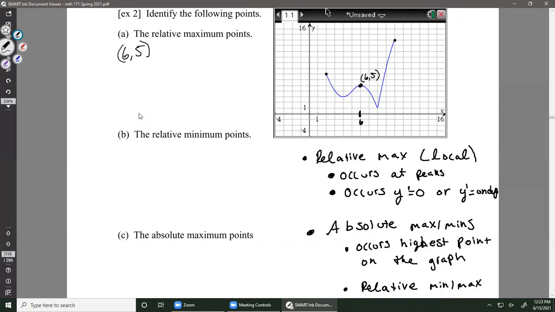If I draw the tangent line, it looks like this. So it's flat. So that means the slope of our tangent line is 0, which means my y prime is equal to 0 here.